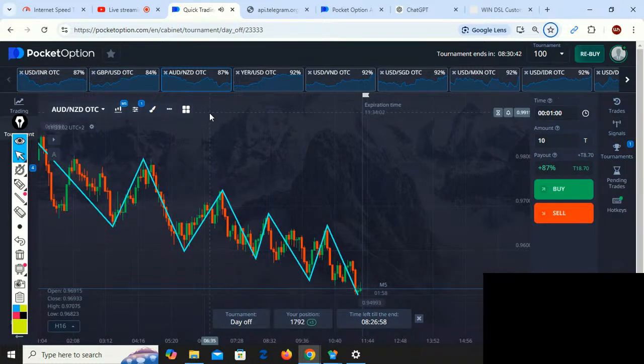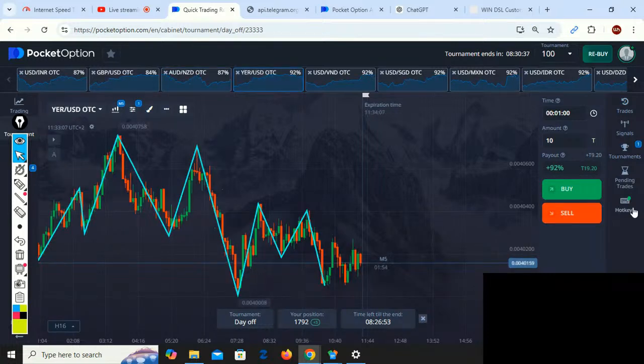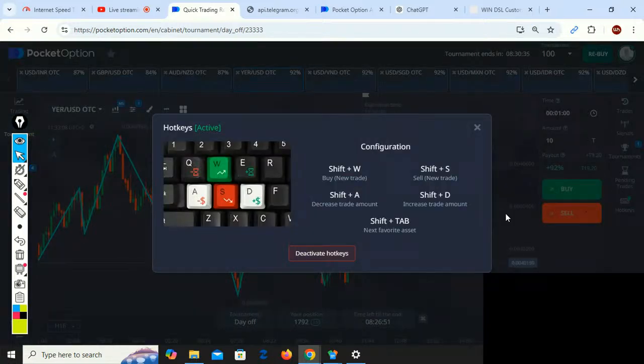Okay. Remember, we need to find a steep dive or a steep increase in price. Why isn't it working? I need my hotkeys. Shift tab. All right. Set.